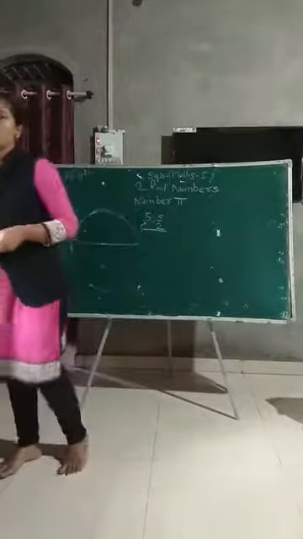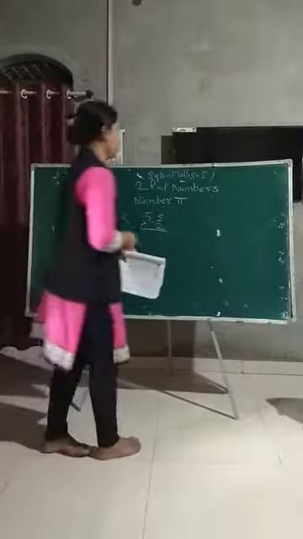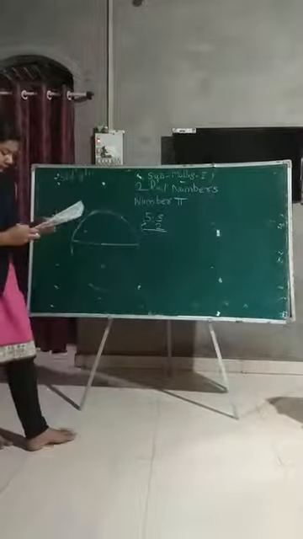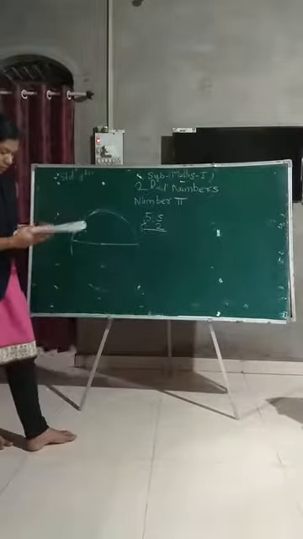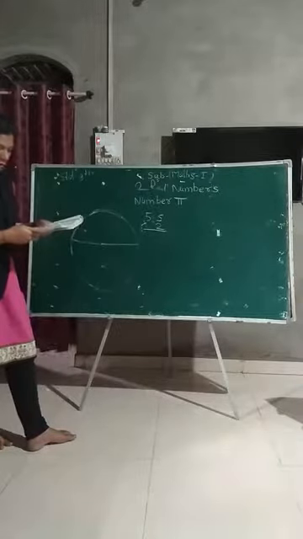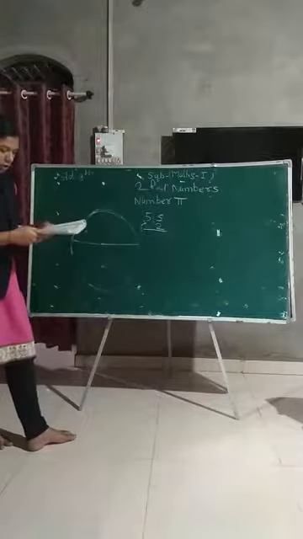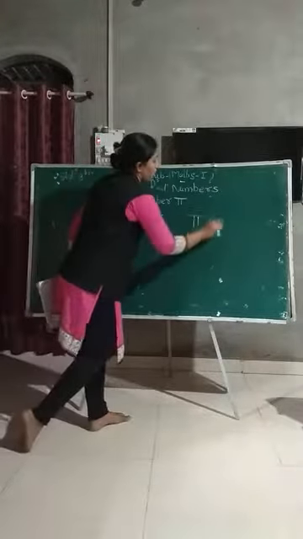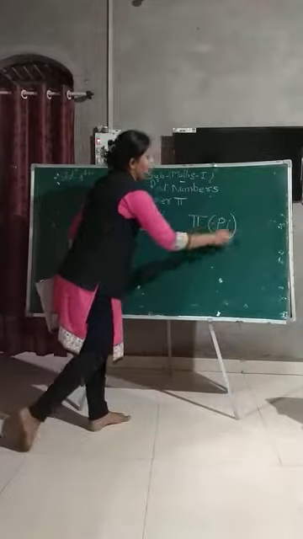How to find circumference? Circumference is equal to 2 pi r. From the table, the ratio C upon D is nearly 3.1, which is constant. This ratio is denoted by pi. This number is called pi.